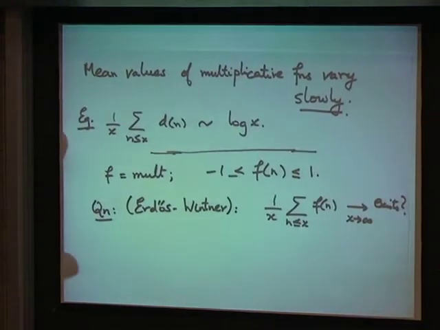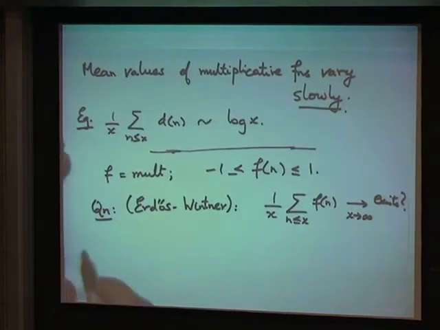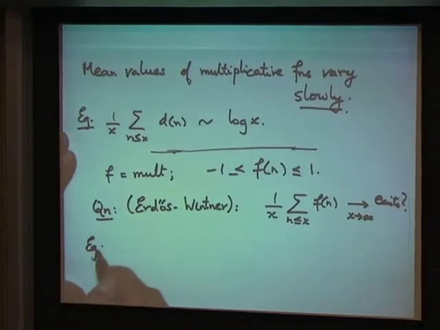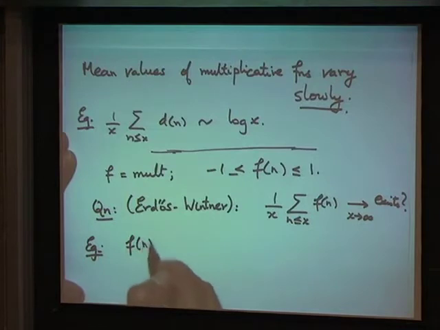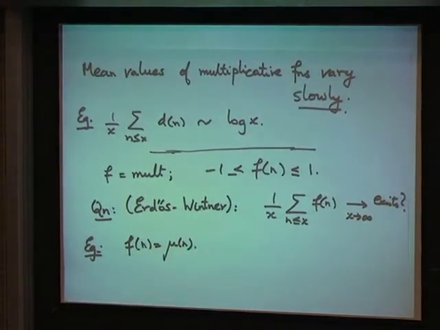Okay. So you can see that this is not such an easy question, because I can just take f(n) to be the Möbius function, and then knowing that the limit exists for the Möbius function is exactly the same statement as knowing the prime number theorem. Okay.